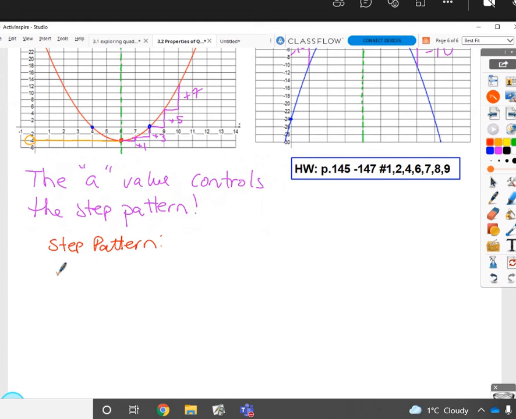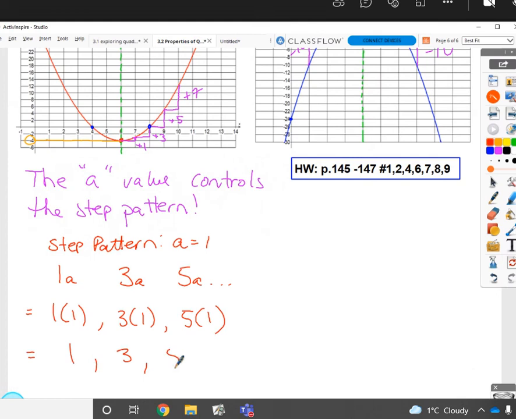So it's going to be 1, 3, and 5, and dot, dot, dot, but it's all going to be multiplied by whatever that A value is. And we said for this red quadratic, that A value was positive 1. So we multiply the step pattern by positive 1. Really, it doesn't do anything to it. Multiplying by 1, we're like, sure, that was kind of a waste of time.